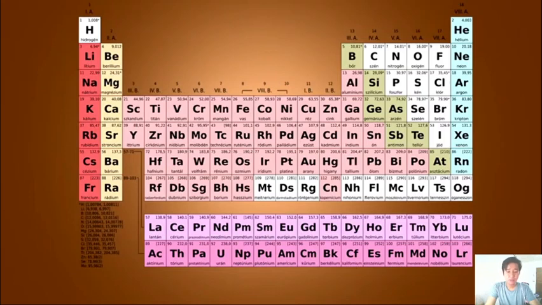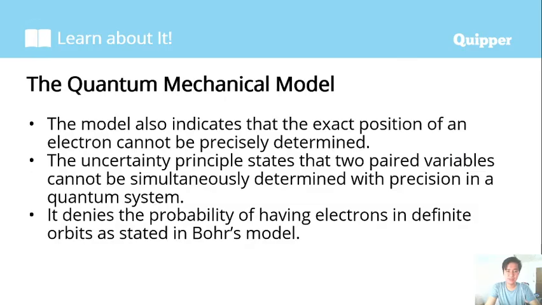But this time, with the discovery of Erwin Schrödinger's effort and his Schrödinger formula or equation, he was able to explain larger atoms or elements in the periodic table.